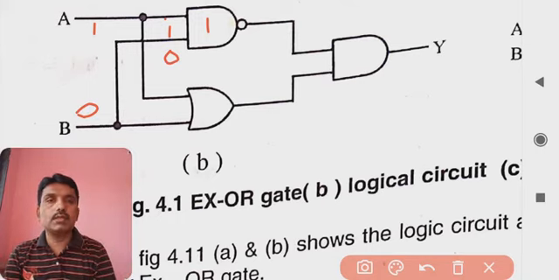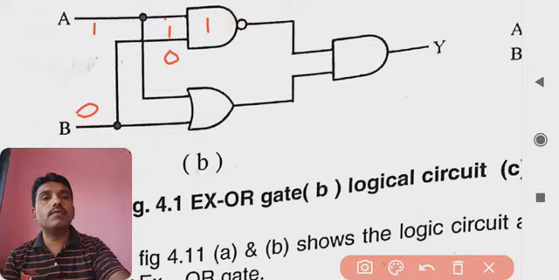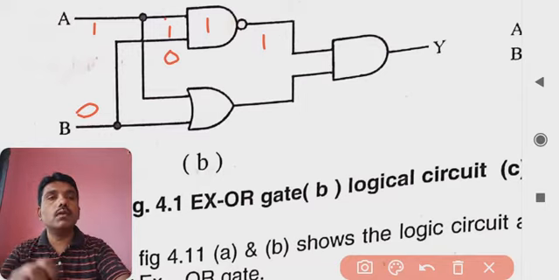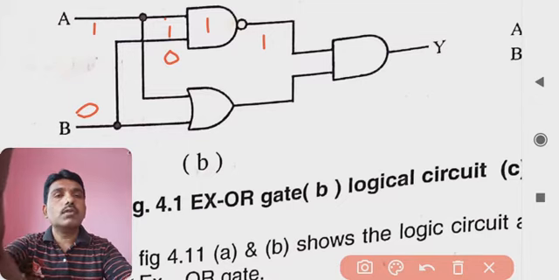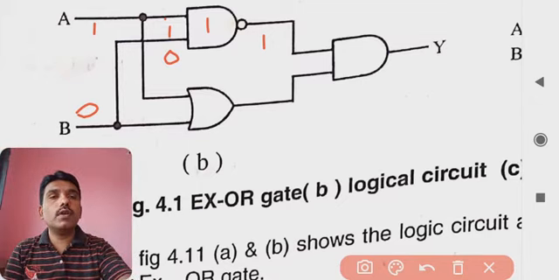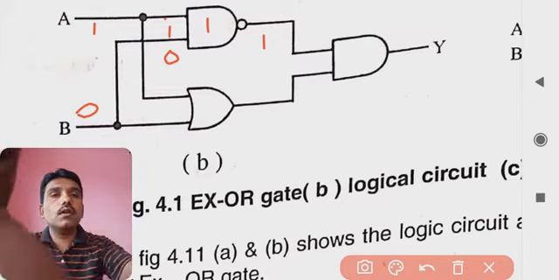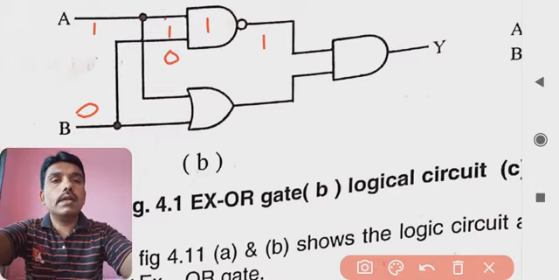Again I will repeat the NAND gate's logic: when all the inputs are high, the output is going to be 0. Definitely we are getting the output as 1. So this is the output we are getting for our first NAND gate.